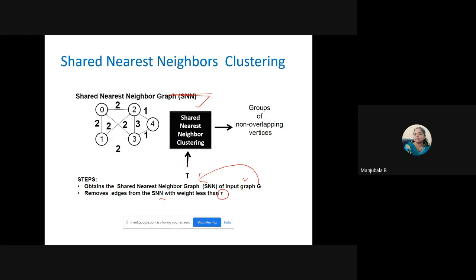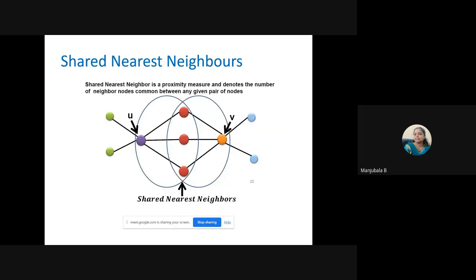Now see how to construct this SNN graph from a given graph. The shared nearest neighbor, SNN, is a proximity measure and denotes the number of neighbor nodes common between any given pair of nodes. So the SNN value between every pair of data points you have to find out.